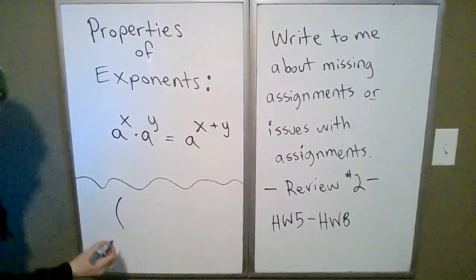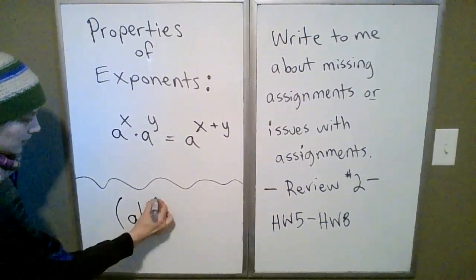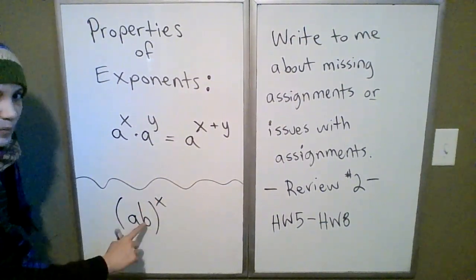If you have a times b to the x, it's a to the x times b to the x.